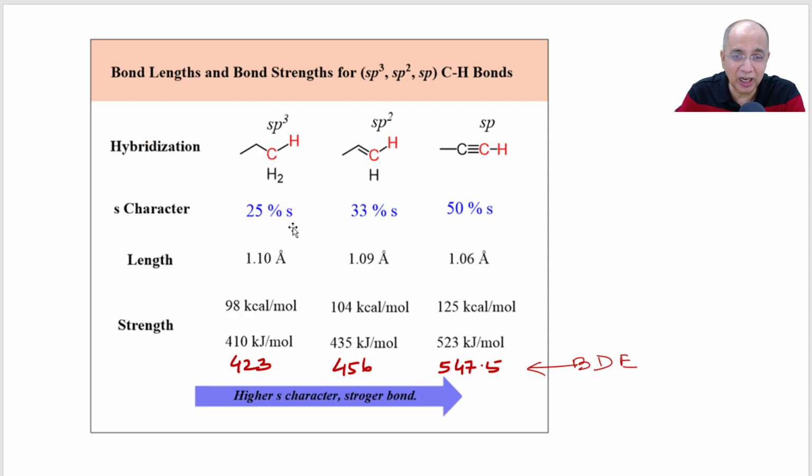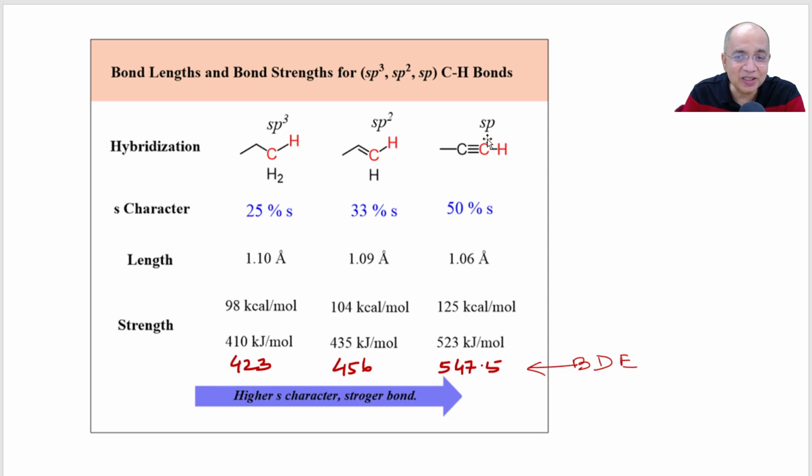So I have the data with me. CH bond energy for, say, propane, for example. CH, this is sp3 hybrid carbon, is 410, average bond energy 410, while the same CH bonded to sp2 hybrid carbon is 435 and sp hybrid carbon is 523, and the BDE, the first dissociation, is still greater, 423, 456, 547.